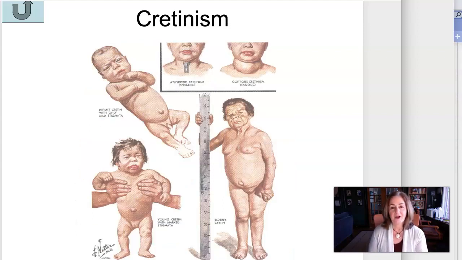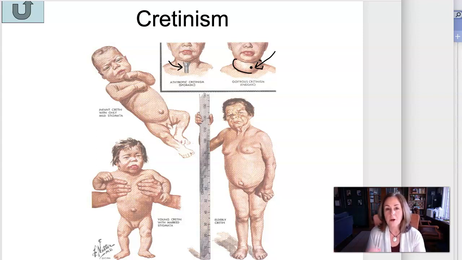Cretinism is a congenital absence of the thyroid gland. So in other words, either the thyroid gland never formed, or the thyroid gland formed, but it couldn't make any T3 and T4 because the person lacked iodine during gestation. And unfortunately, the mother's blood can't provide T3 and T4 to the offspring.